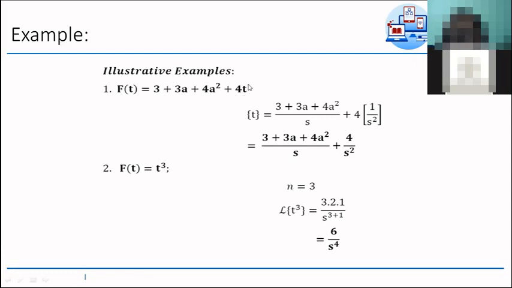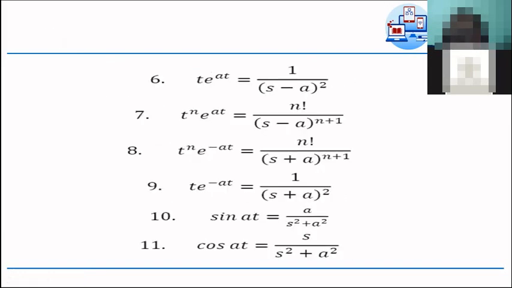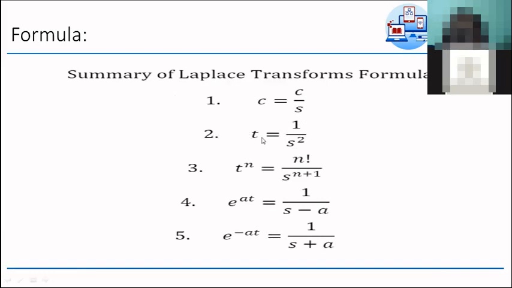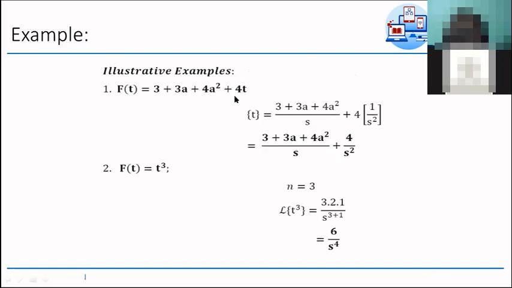This is the one that we're going to transform, since a is a variable. So we have to look at formula number 2. If we convert the function t in terms of s, it is equal to 1 all over s squared.